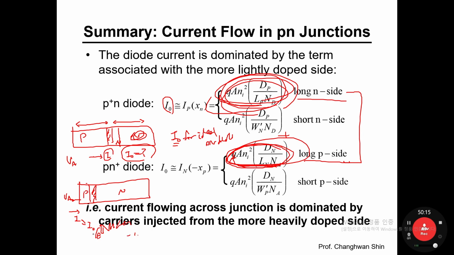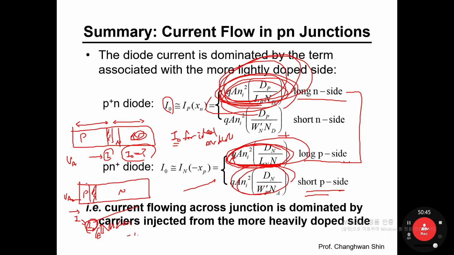But this I naught, how to get it? Now the P side is very short, so short P side, this, plus long N side. So simply add two terms, one each from the N side and P side, and you can build up the saturation current component.